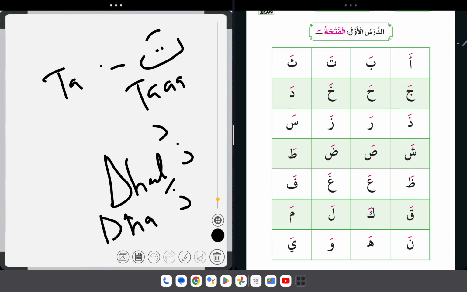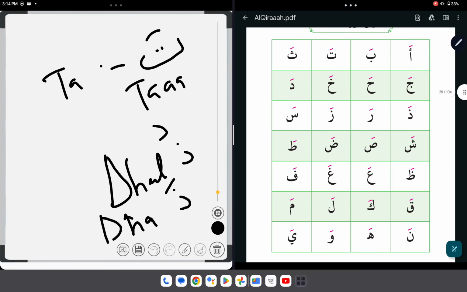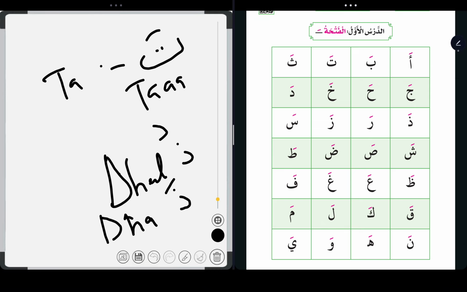Now, let's go back. So we have da, da, da. So we have the letter zal. So now it is carrying fatha, no longer going to be zal. The, the, da, the, ro.